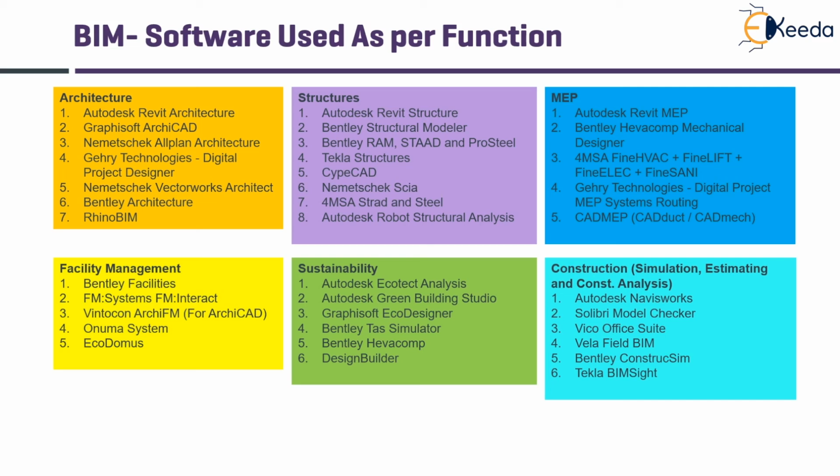For example, for sustainability analysis, we tend to use Autodesk Ecotect, Design Builder, Graphisoft Eco Designer, or Autodesk Green Building Studio. For MEP, we use Autodesk Revit MEP, CAD MEP, or Bentley Hevacomp Mechanical Designer.